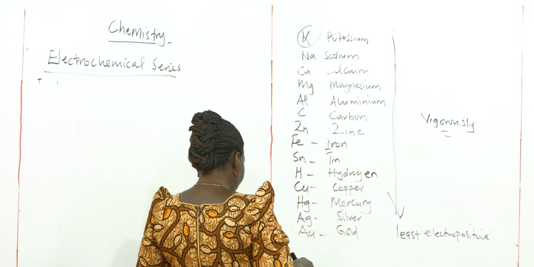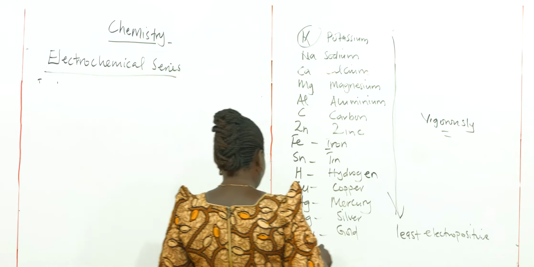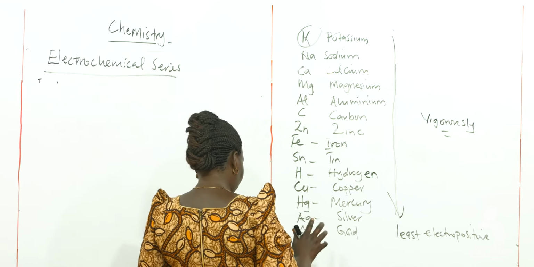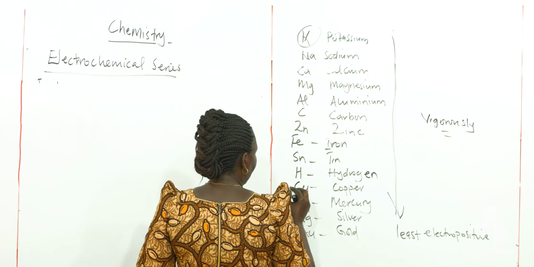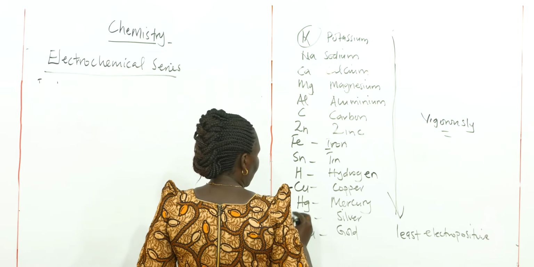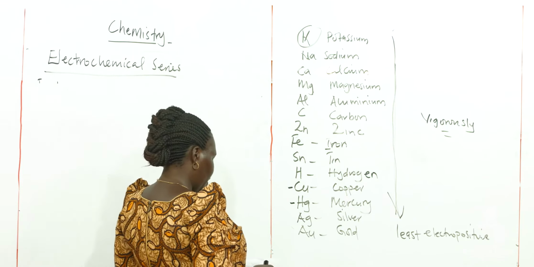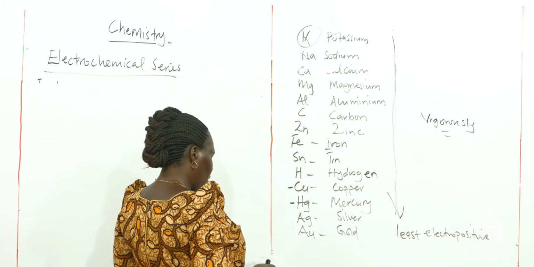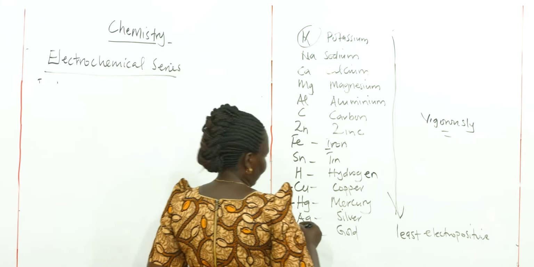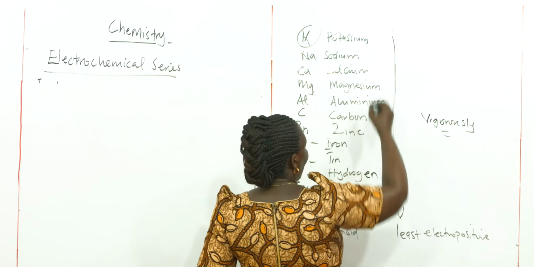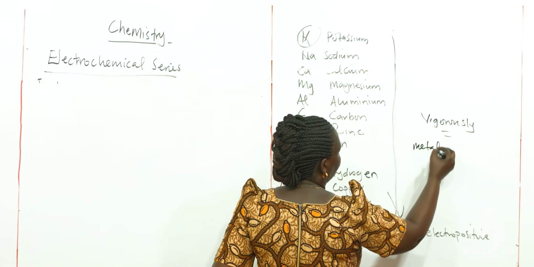When we heat metals with oxygen, they form metal oxides. But when you come down the series, with copper and then mercury, they only form a layer of oxide.